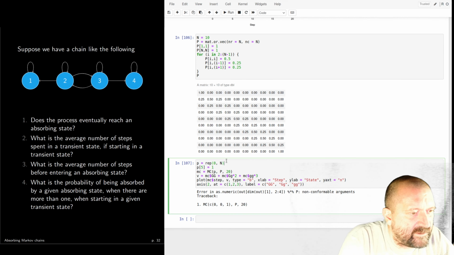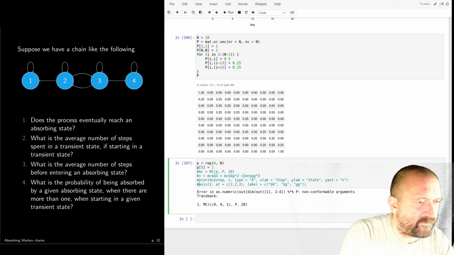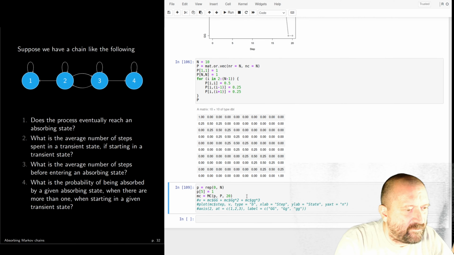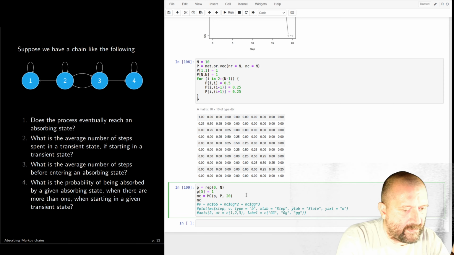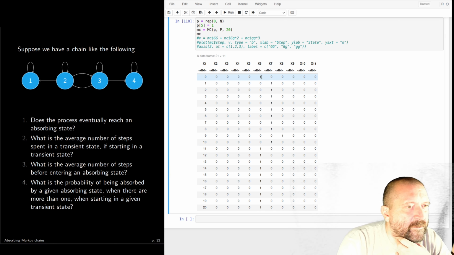It's going to run into problems, so let me comment these out, because for now those are not going to be needed. Let's see if this runs. MC. Okay, so we started out in 5, which is the 6th index.